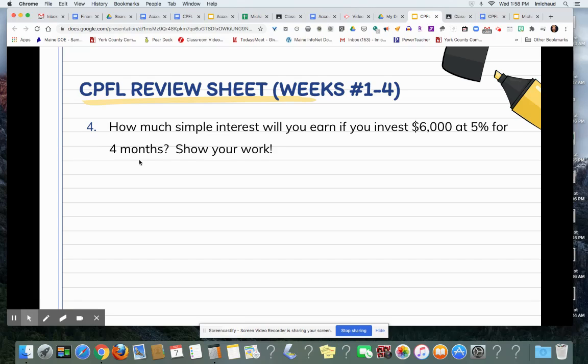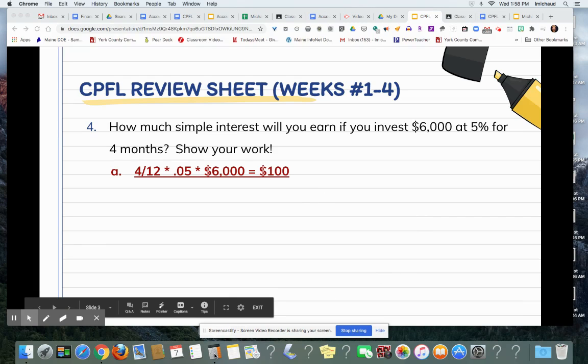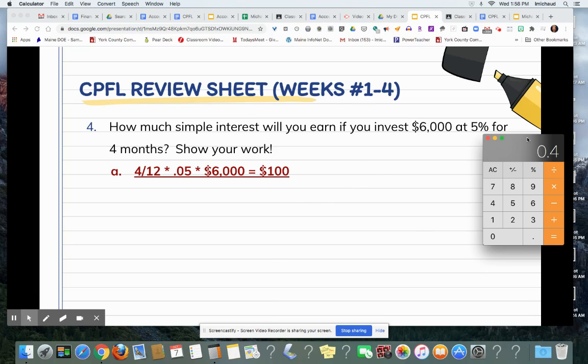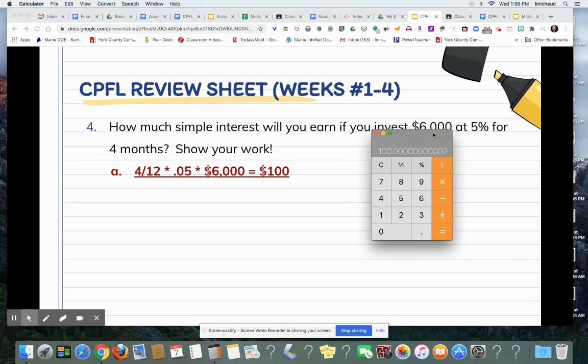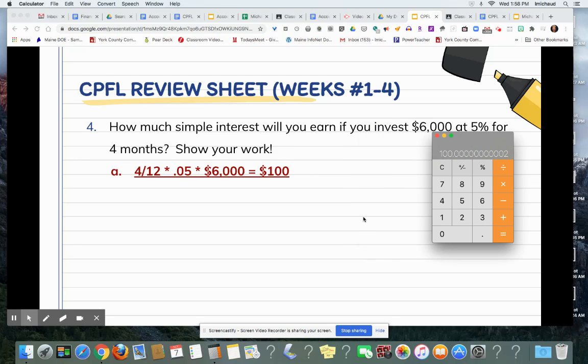It's best to do the fraction first. So if you had a calculator here, let me launch that and walk you through. I'm going to clear it. So it's 4 divided by 12 equals, we're going to multiply that by 0.05 and then multiply that by 6,000. And you get $100. So that's your answer. Okay?